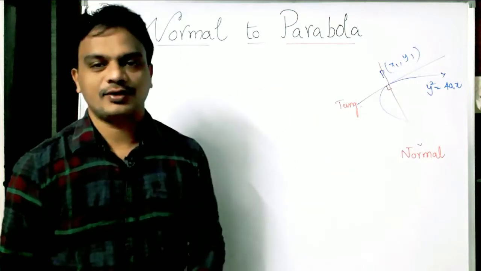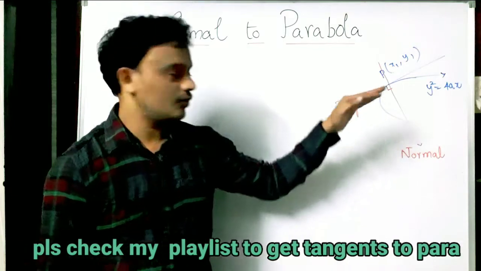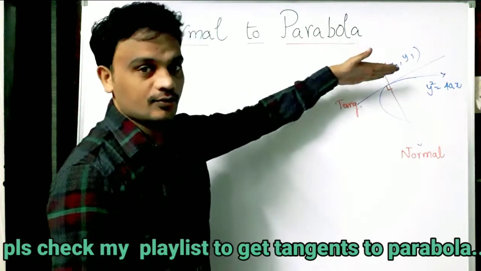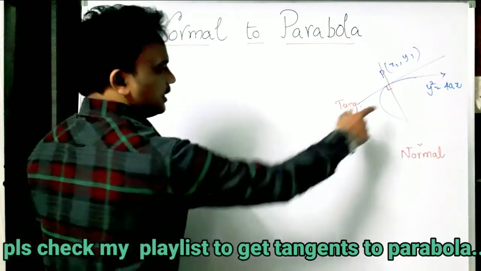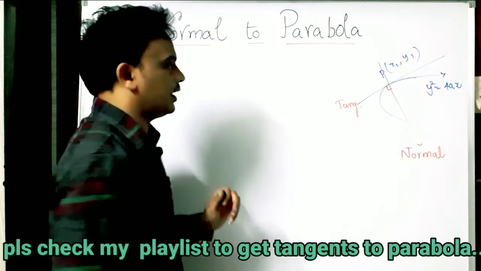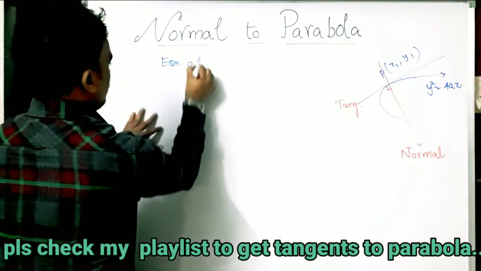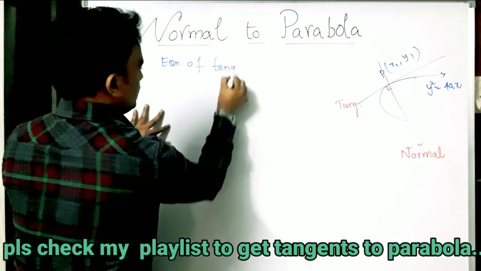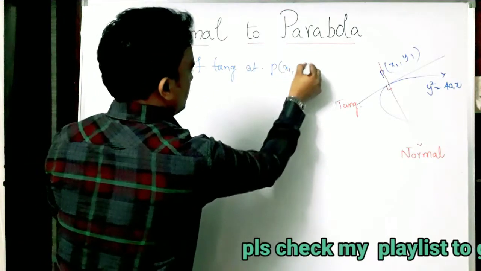From the last video we already discussed the equation of the tangent in different forms. Equation of the tangent at one point is given, and we have the basic formula. Let us see first, for the given parabola y square equals 4ax, what is the equation of the tangent at the given point P (x1, y1)?